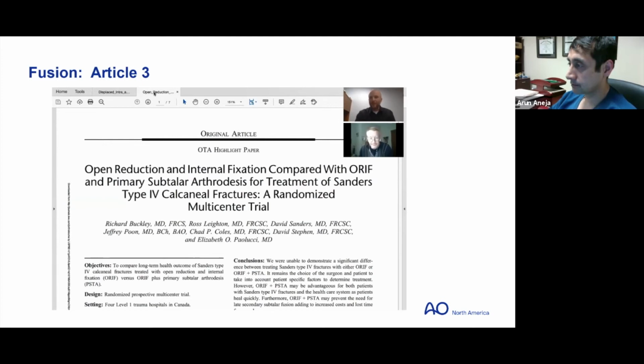Can you just comment on how doing this paper led to additional evidence-based articles regarding the management of Sanders 4 fractures? Yeah, thanks, Thomas. I think it actually is a pretty significant paper, because with quality surgical care, with those of us that are involved in the study, and with a real tight group, and these are the Sanders 4.